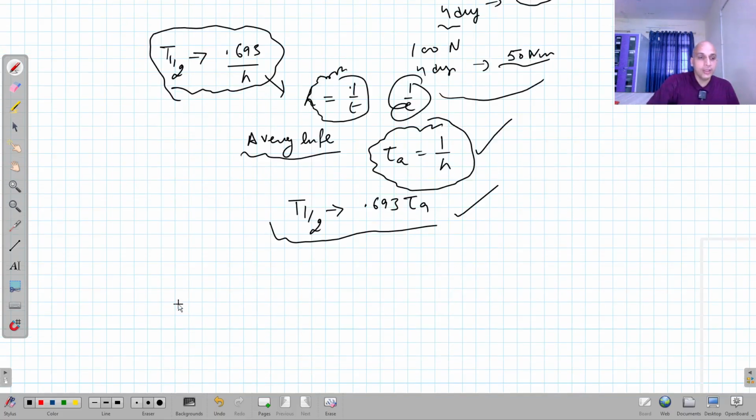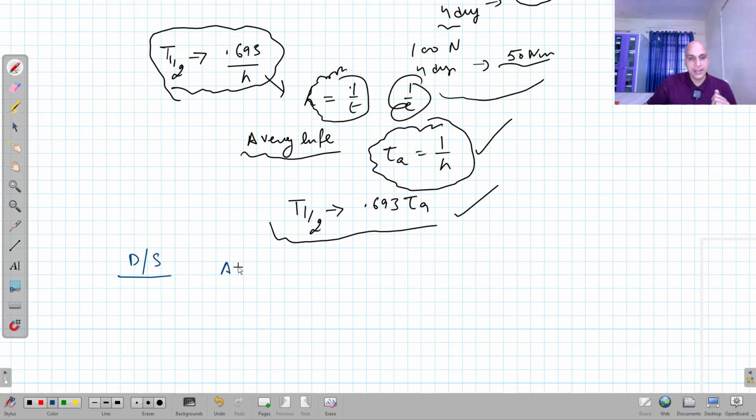Now I am coming to the units of radioactivity. The SI unit of activity is defined as the number of disintegrations taking place per unit time, per second. This is the meaning of activity: the number of nuclei decaying per unit time.